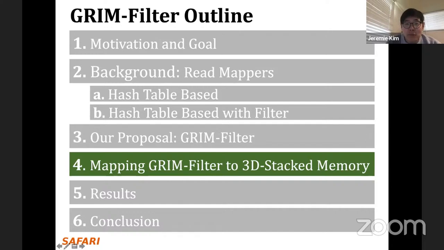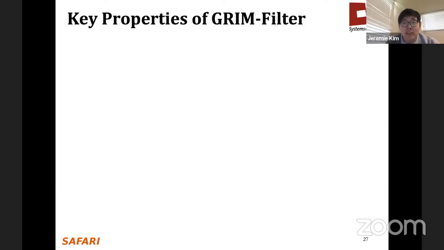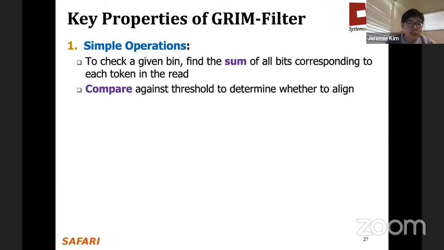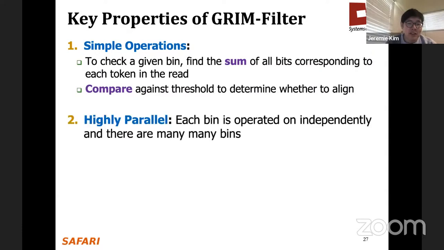So how do we map GrimFilter to 3D stacked memory? As a recap, GrimFilter is comprised of very simple addition and comparison operations. To check a given bin, we sum the bits corresponding to each token in the read, and then we compare the sum against the threshold to determine whether to align. So it's highly parallel. Each of the bins can be operated on independently, and there are many, many bins.